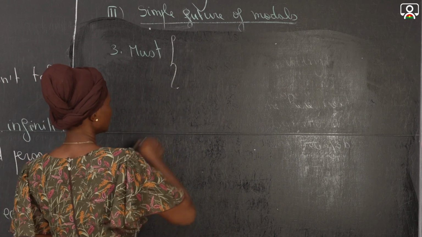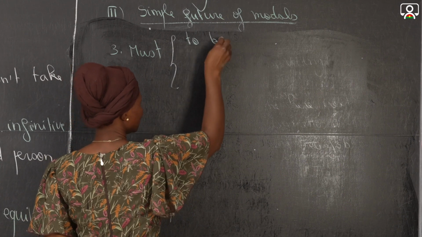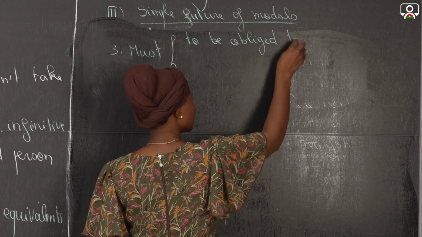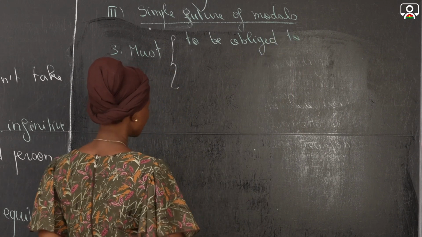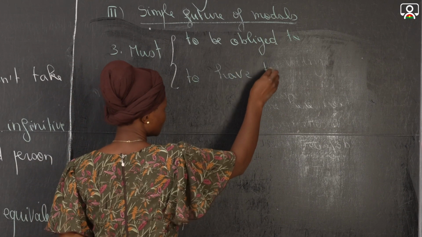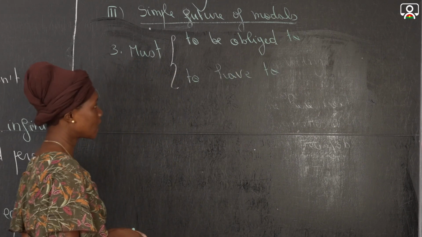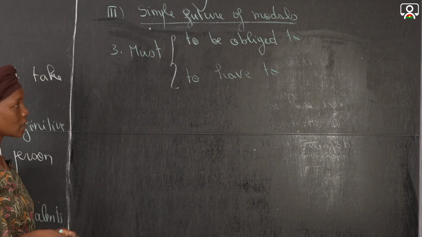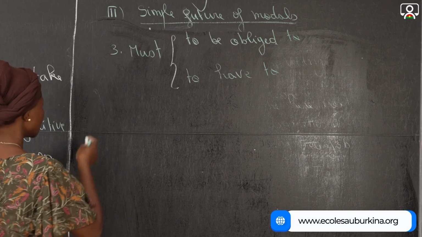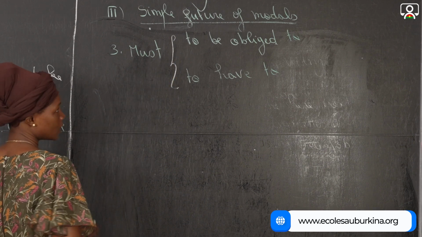We have to be obliged to, and the next one is to have to. So these are the equivalents of must. Now, when we want to conjugate it in the simple future, we are going to use these equivalents.